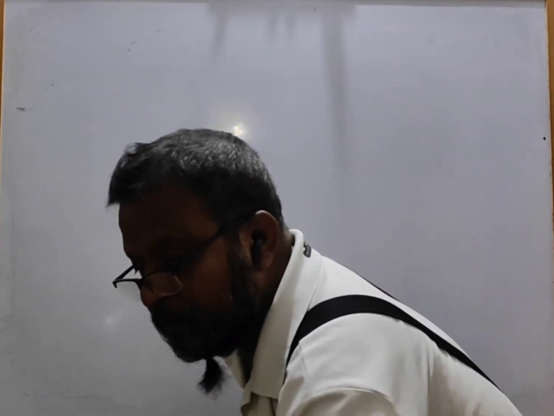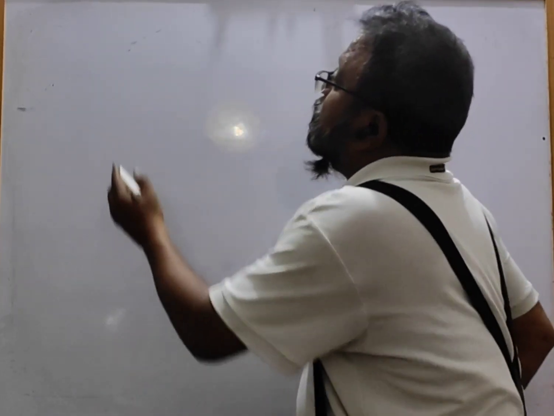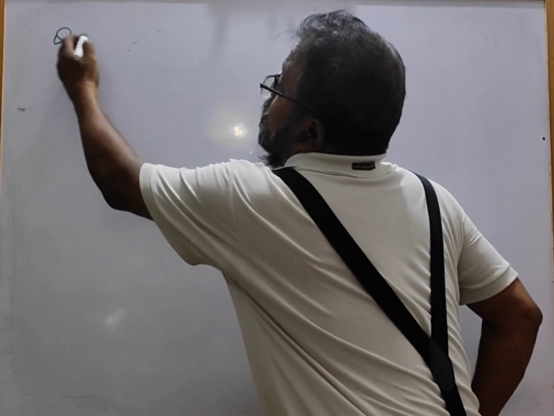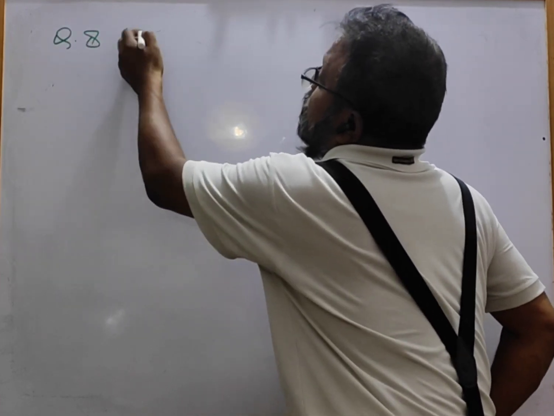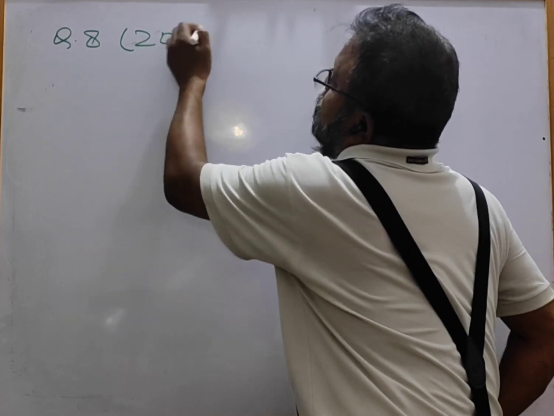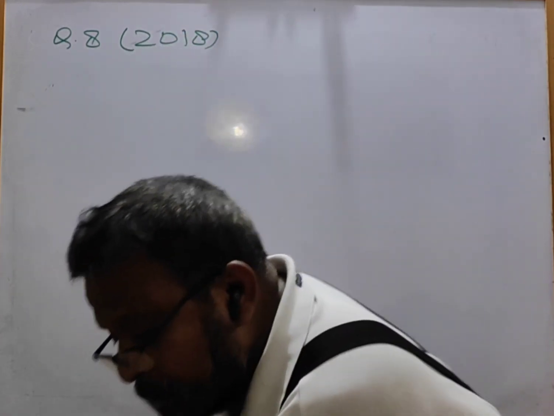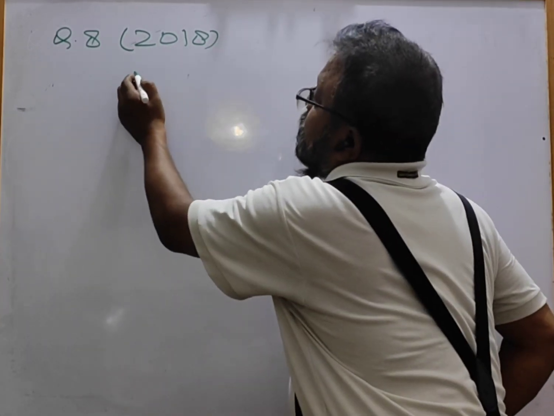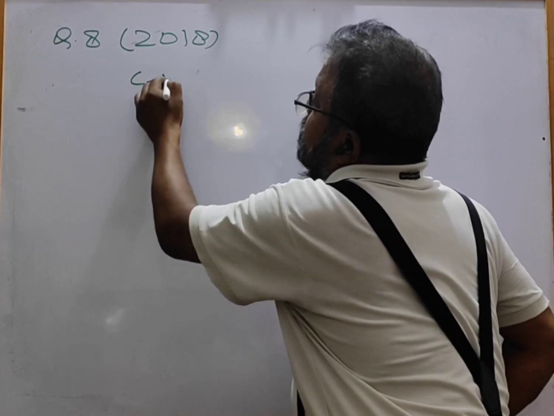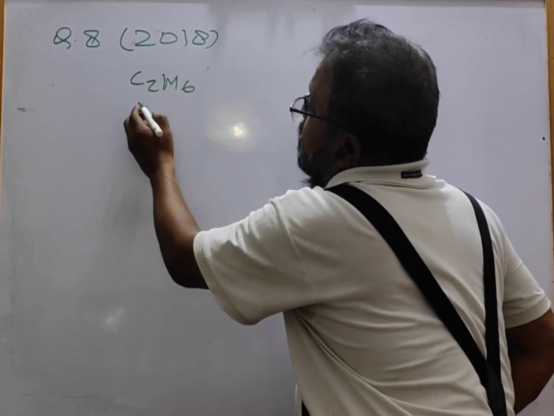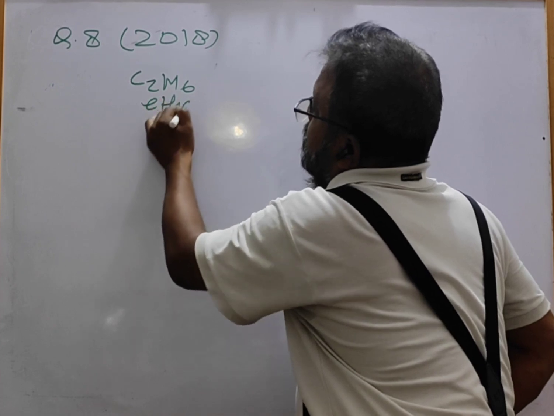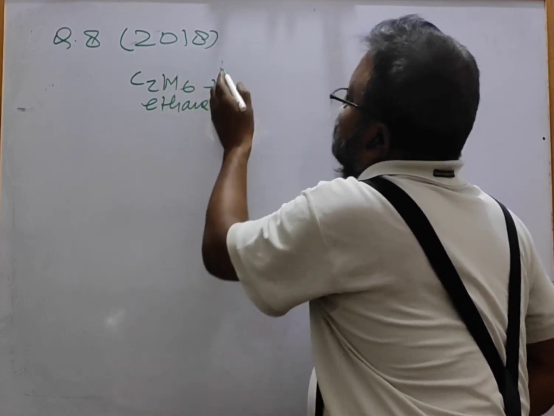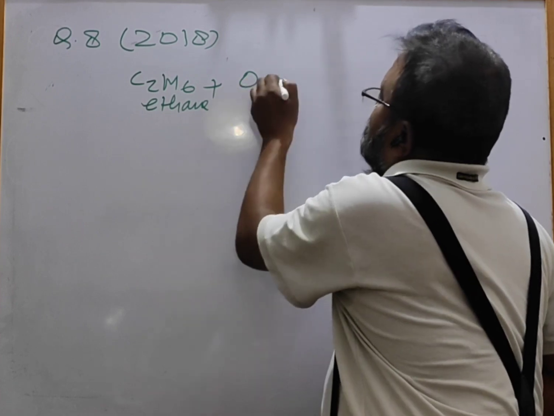One question came in 2018, question number 8. We should try for that. It came in the 2018 ICSE board exams, right? It says ethane, C2H6, combines with oxygen and gives you CO2 and H2O.